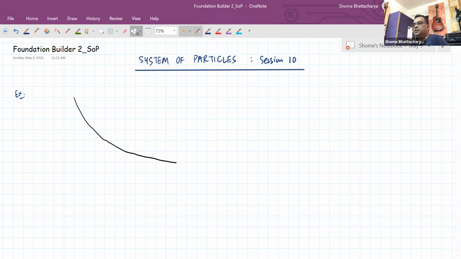So basic application of work energy kind of thing. And then the collision situation.